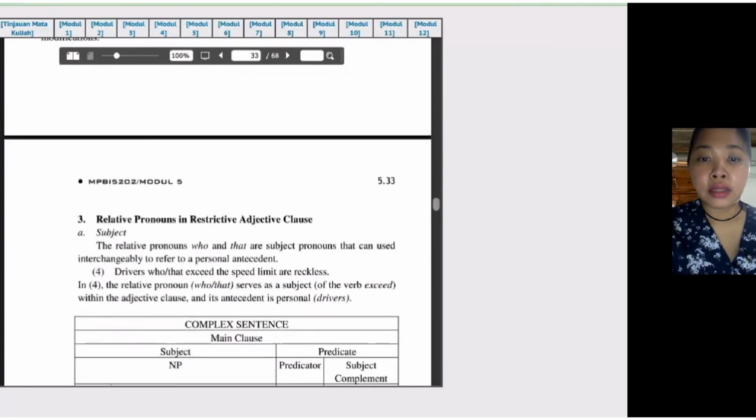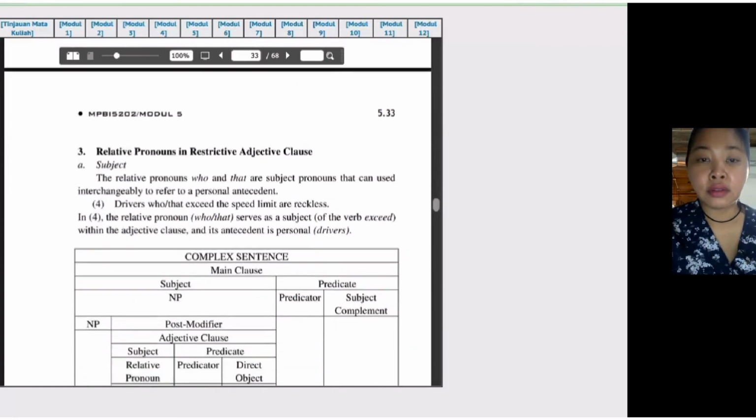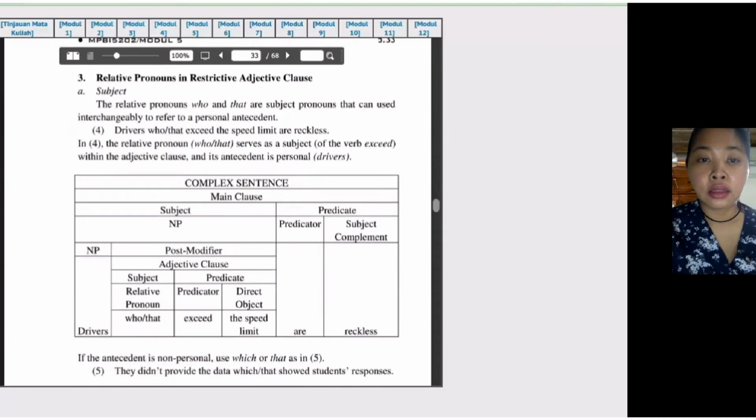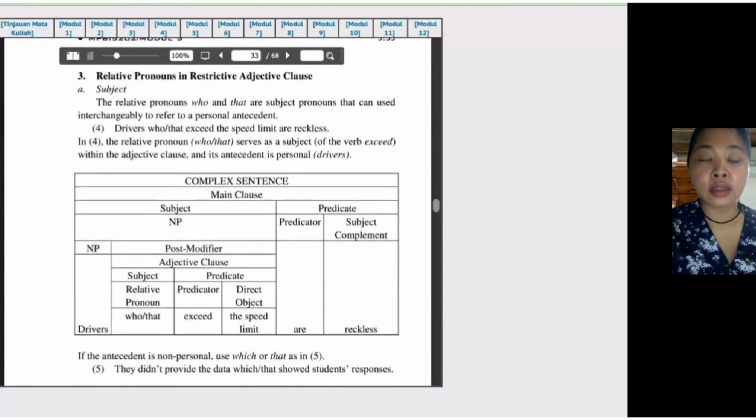Relative pronouns in a restrictive adjective clause, as we see here, this is as a subject. If we break it down: drivers who exceed the speed limit are reckless. So noun phrase, and then post modifier, and after that the predicate.